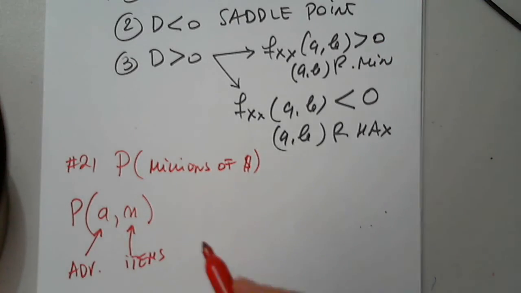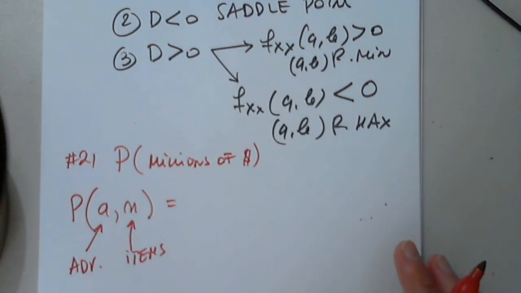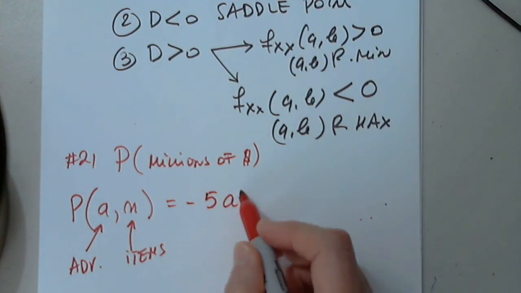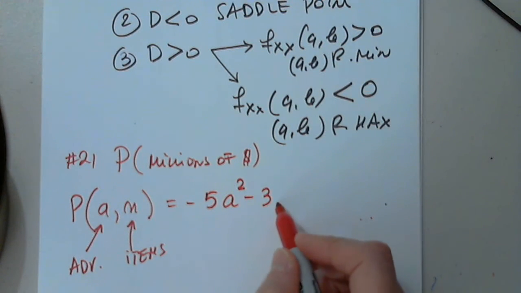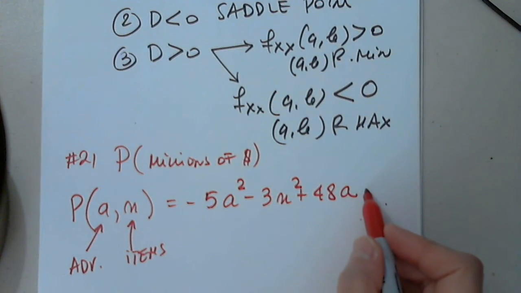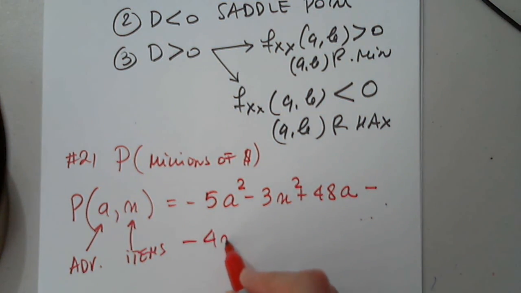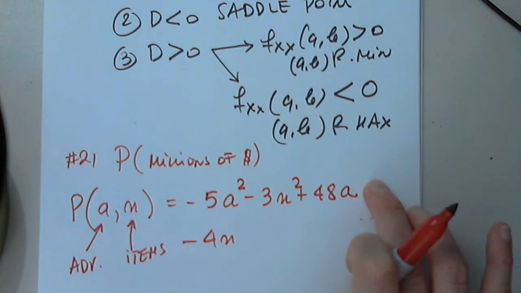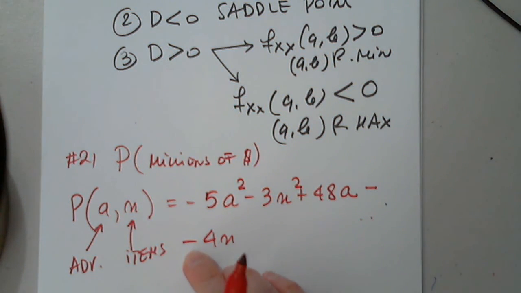Good. So then, here's our function. Okay, it's a long one. Negative 5a squared minus 3n squared plus 48a minus 4, and there are no two minuses. Remember, I just want to emphasize that something else follows.